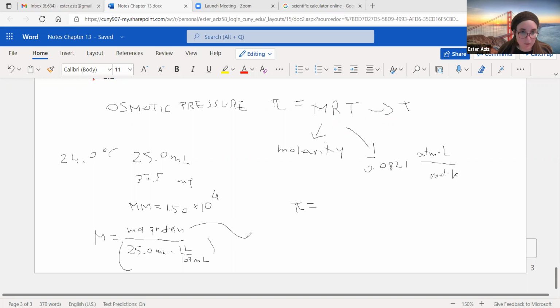To find the moles of the protein, we take the mass, 37.5 milligrams, but we want it in grams, so we multiply by 1 gram divided by 10 to the negative 3 milligram. That gives us 37.5 times 10 to the negative 3 grams.